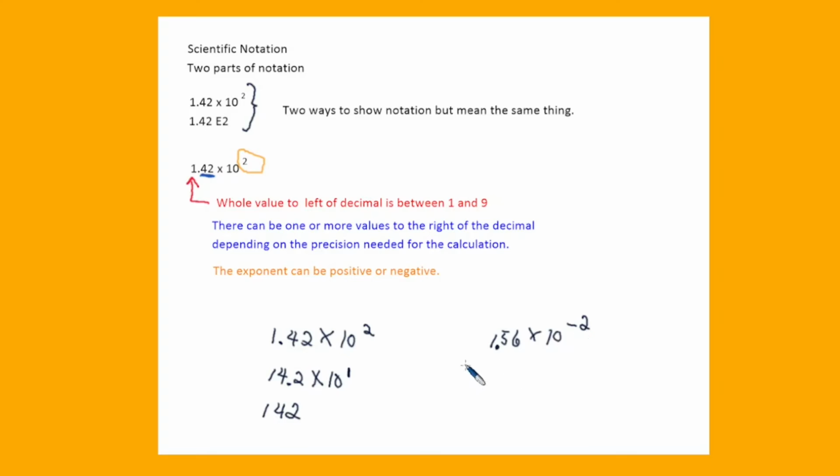That means that, again, this is in scientific notation, but if we wanted to change it, we could do something like 15.6 times 10 to the minus 3, because if I look here and I move the decimal point 2 places, it's going to give me 0.0156.